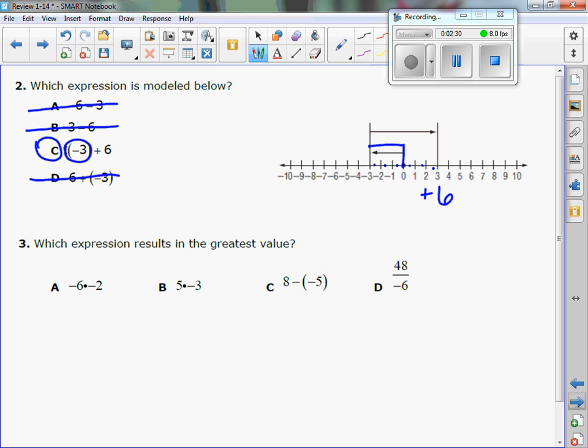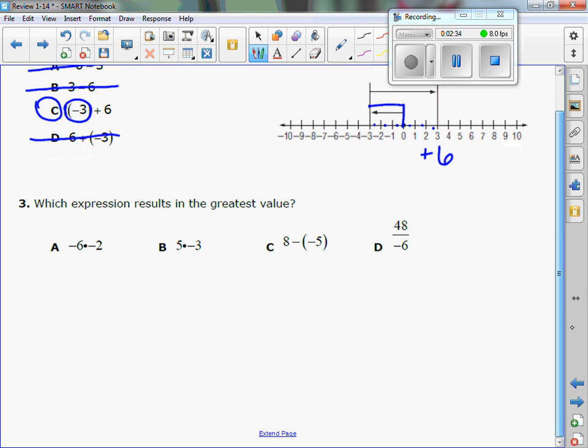Number 3, which expression results in the greatest value? So we're going to solve all 4 of these answer choices and then determine which one of them has the greatest value. -6 times -2, 6 times 2 is 12 because they both have the same sign. My answer is positive. 5 times -3, 5 times 3 is 15 because they have different signs. My answer is negative. 8 minus -5.